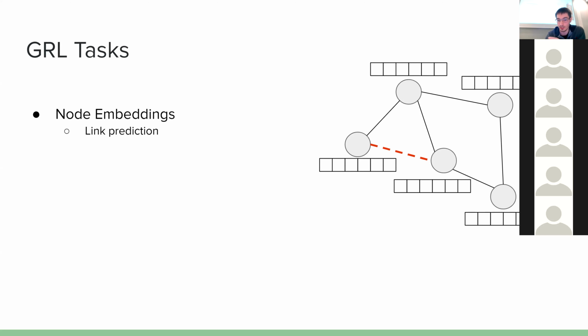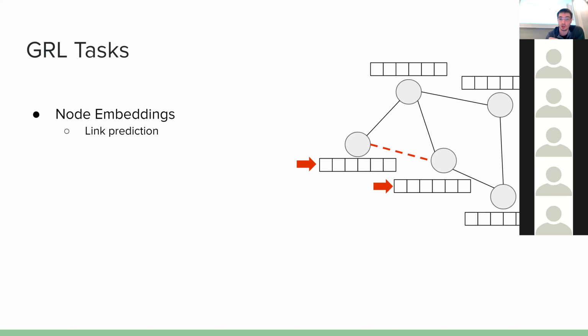We can do this link prediction by feeding to some system the embeddings of the two nodes that would be at the ends of this edge. In this way, we can, for example, see how likely it is that these two nodes will have this edge among them at some point in the future.